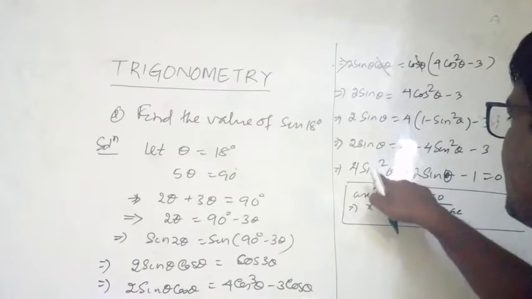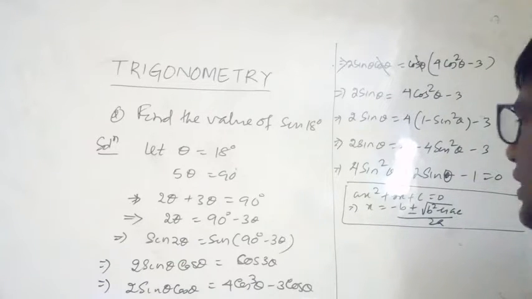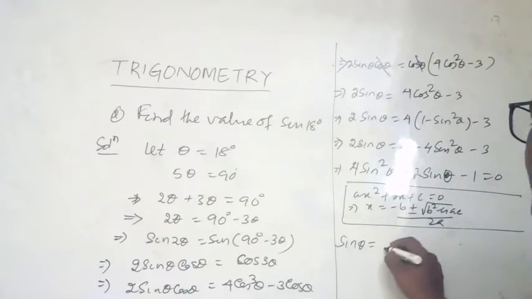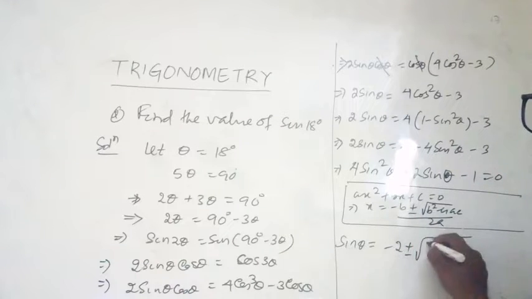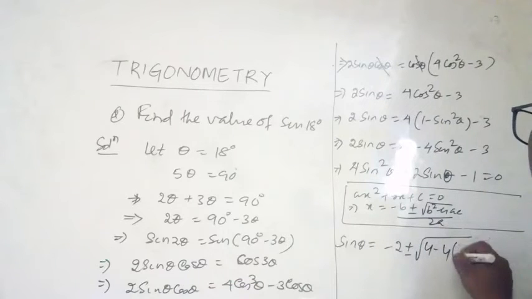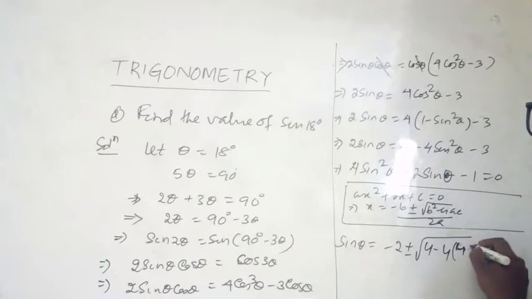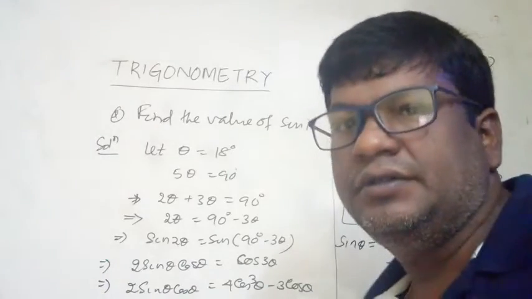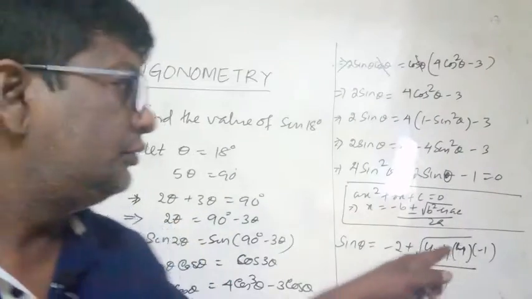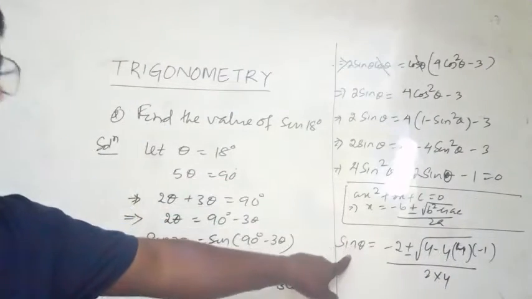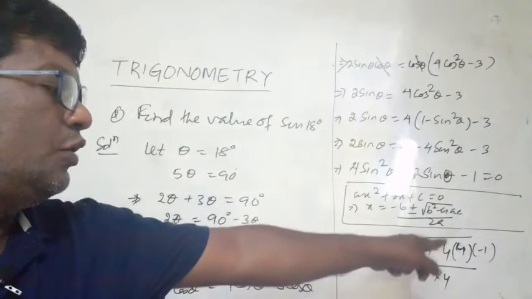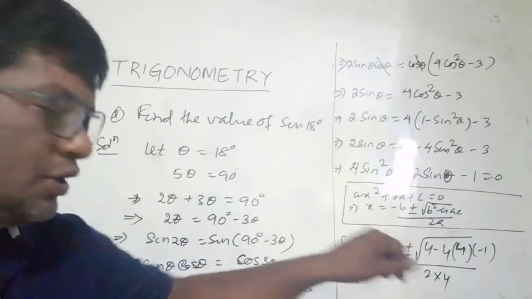Here x is equal to sin theta, so sin theta is equal to minus b means minus 2 plus or minus root of b square, this is 4, minus 4 into a means 4 and c means minus 1, divided by 2 into 4. So sin theta is equal to minus 2 plus or minus root of 4 minus 4 into minus 1, divided by 2 into 4.